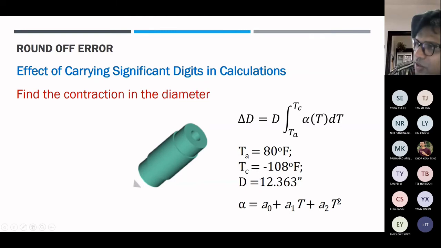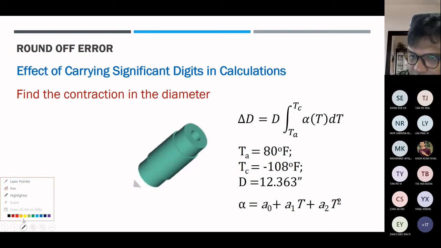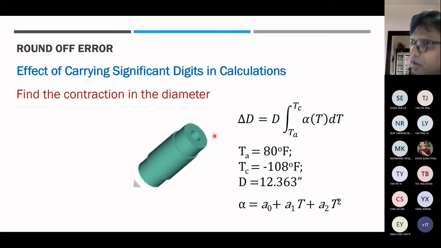So this is the given formula. Let me use my PowerPoint and laser pointer. This is the given equation of the contractions, in integral form. D stands for the diameter, alpha is the quantity you need to determine, and T stands for the temperature.